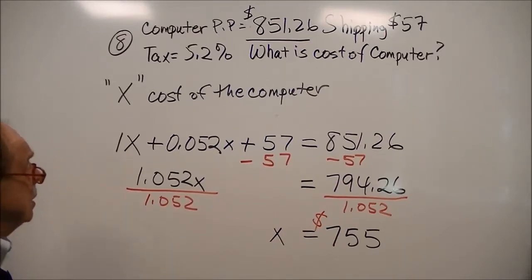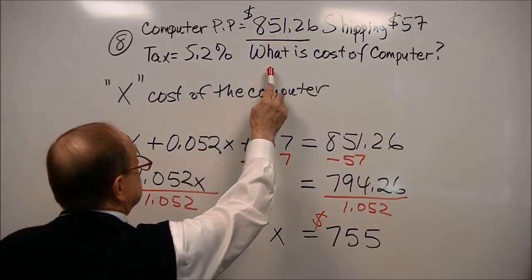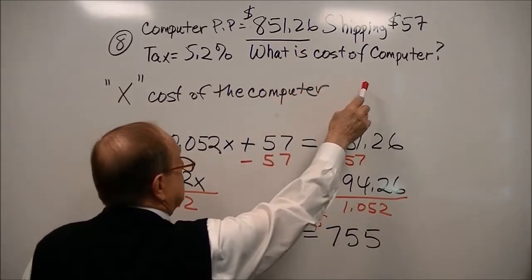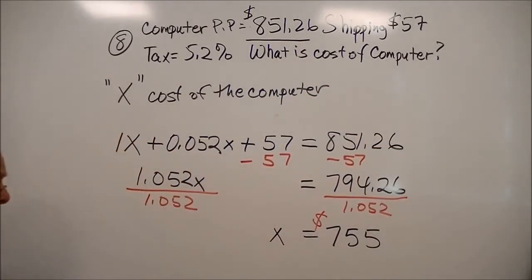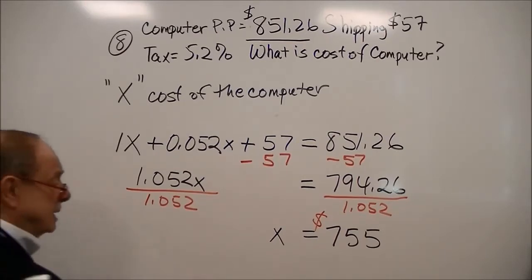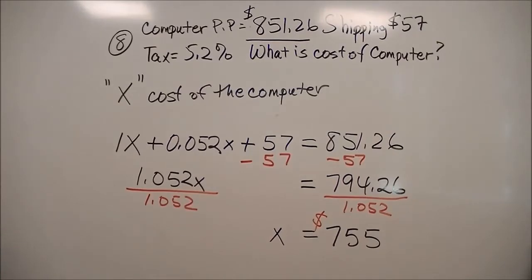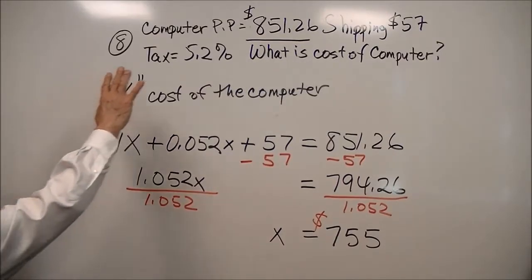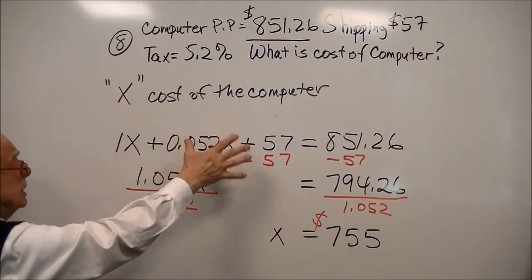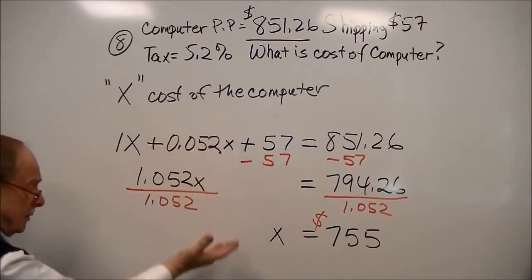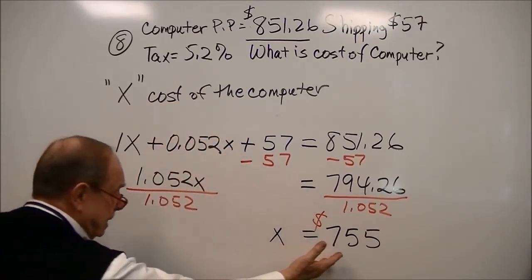Well, if you recall the original question they asked, what is the cost of the computer? Well, the cost of the computer is $755. And we did it through setting up our data into an equation, solving the equation, and getting an answer.